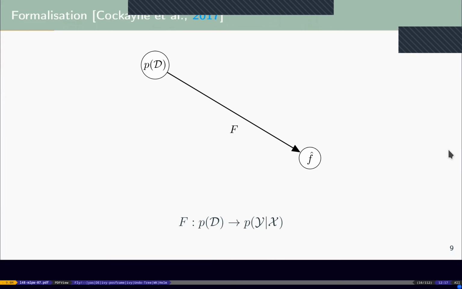This here is not a graphical model. This is just arrows and circles that are somehow connected, and it's a much more abstract notion. Don't think about it as a joint distribution of anything. What I'm going to say here is that we have some form of joint distribution of everything, and then a quantity of interest.